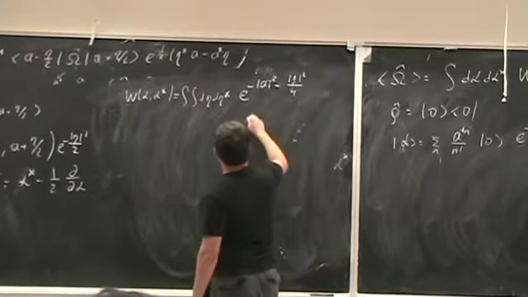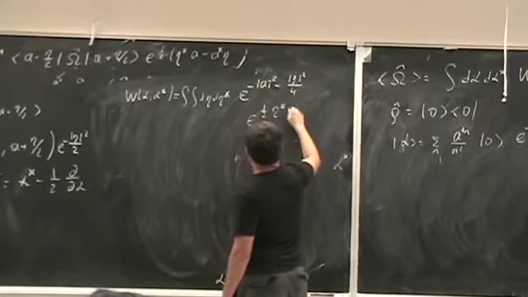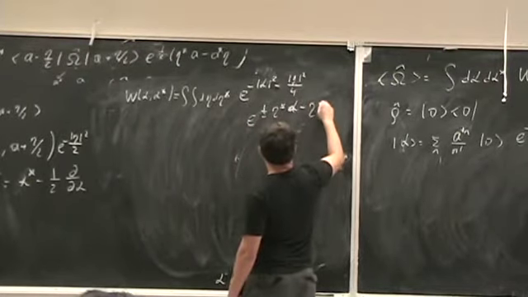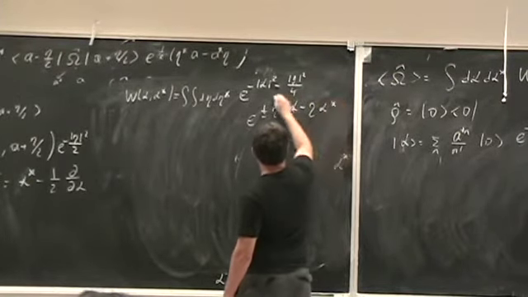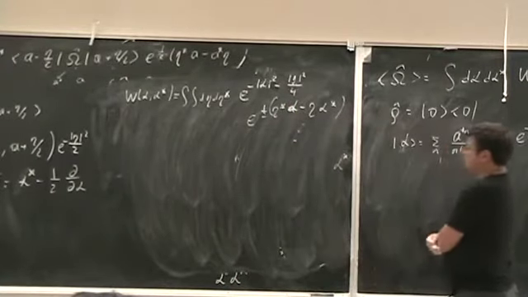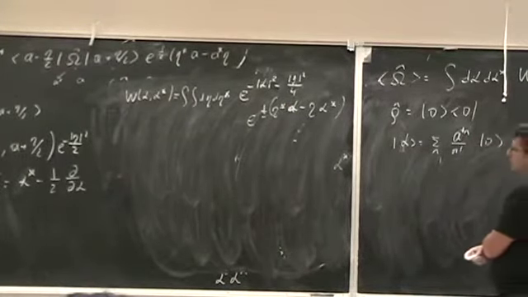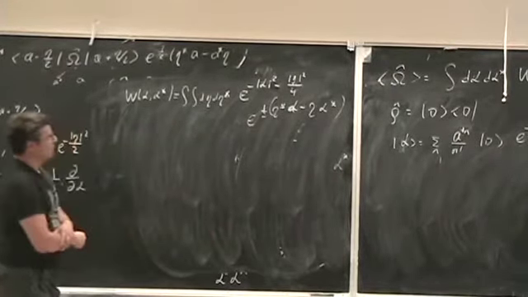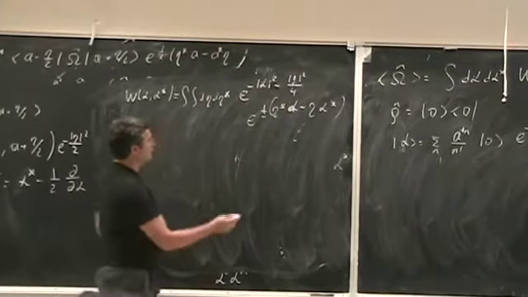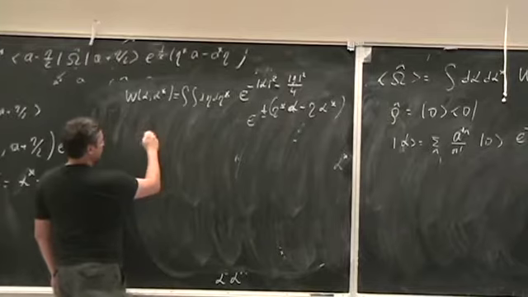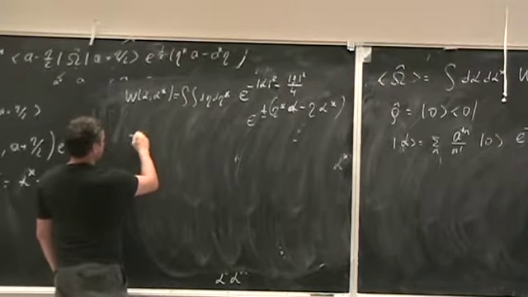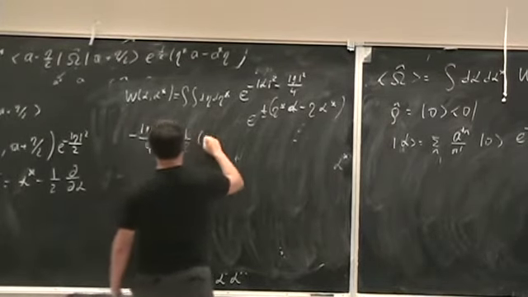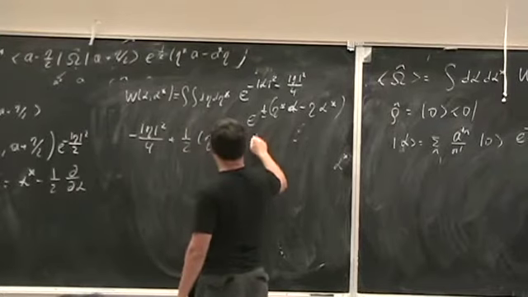And then I have e to the power 1/2 of eta star alpha minus eta alpha star. So it's a Gaussian integral, and I can complete squares. So let me use a trick which is not, I think, completely mathematically rigorous, but which works. I just use the fact that eta and eta star are independent variables, and then I can clearly write this expression in the Gaussian, minus eta squared over 4 plus 1/2 of eta star alpha minus eta alpha star.